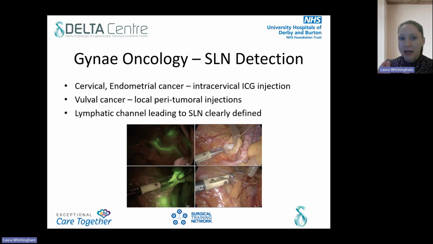So for cervical and endometrial cancer, ICG would be injected into the cervix, and then the lymphatic drainage could be detected, using ICG to identify these sentinel lymph nodes. Similar with vulval cancer, it would be injected local to the tumour and used to identify the lymph node staining.